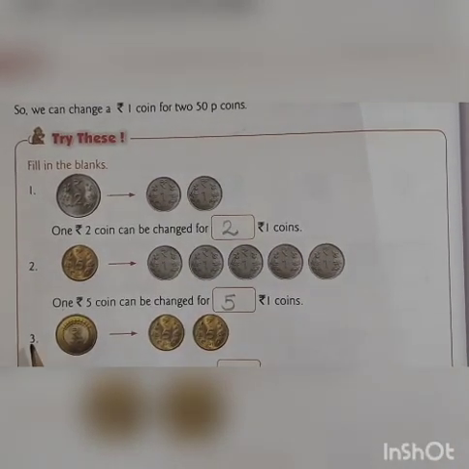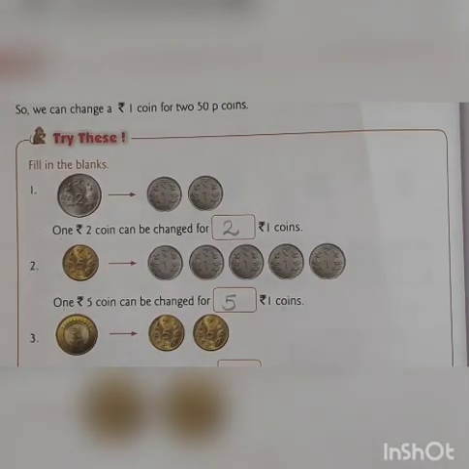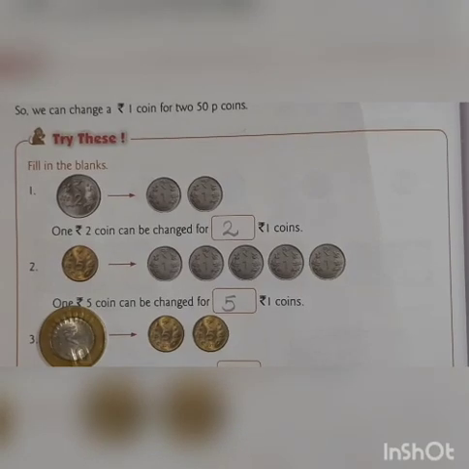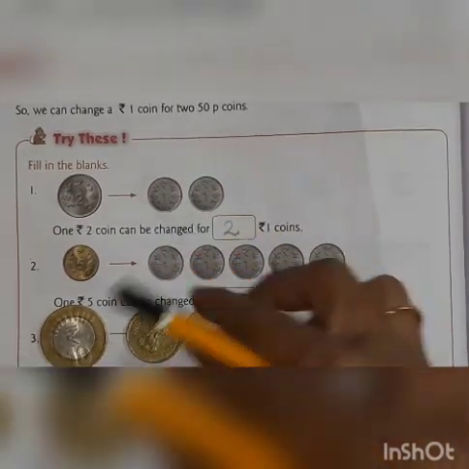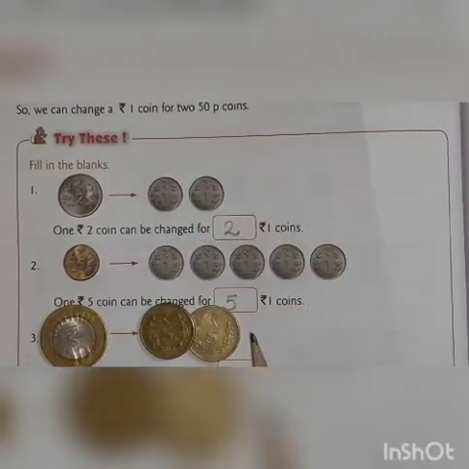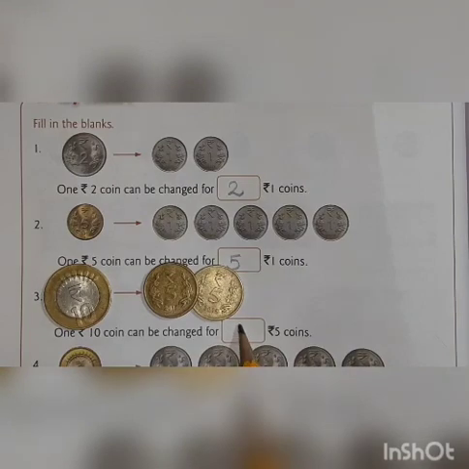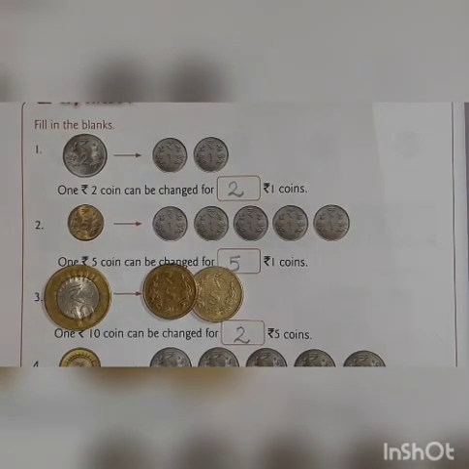Next one, a 10 rupees coin is there. We can exchange it with 5 and 5, 10. So a 10 rupees coin can be changed for 2 coins of 5 rupees.